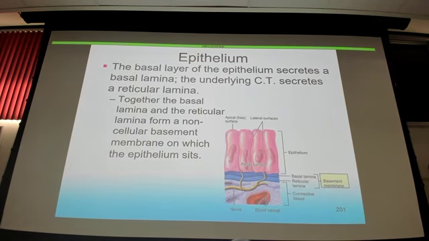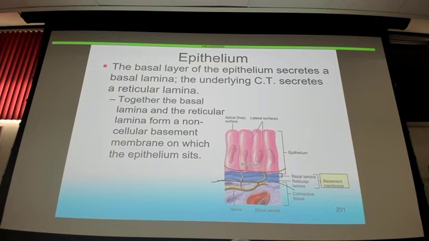Underlying them, you're going to have a basement membrane to help hold them. Right? So what actually happens is the basal surface down here of that cell is going to secrete what's called the basal lamina. We haven't quite got there yet, but down here is our underlying connective tissue.